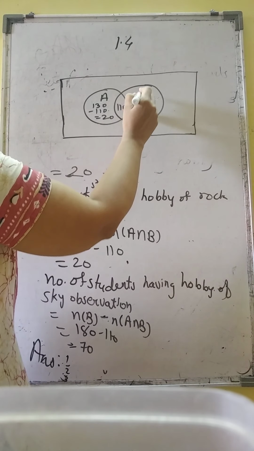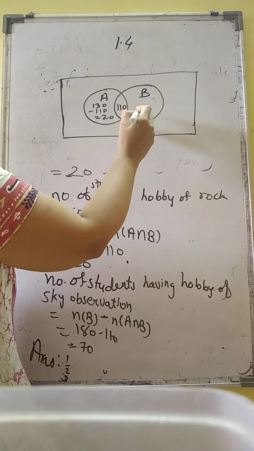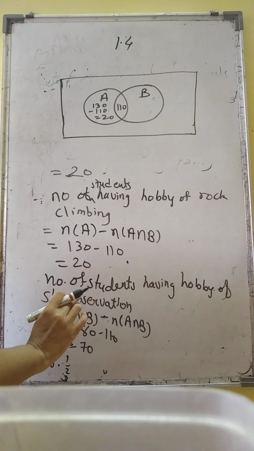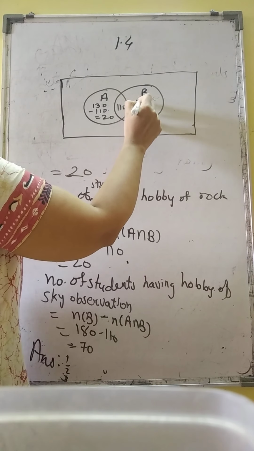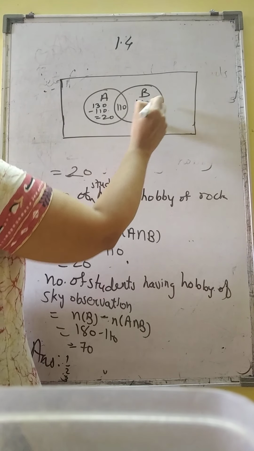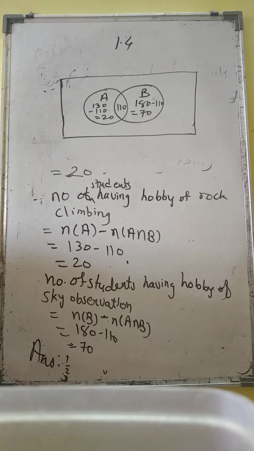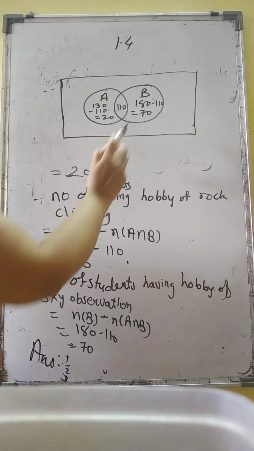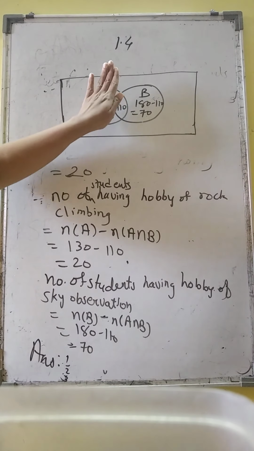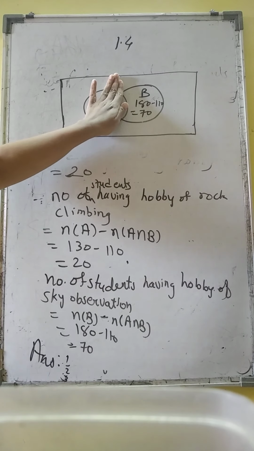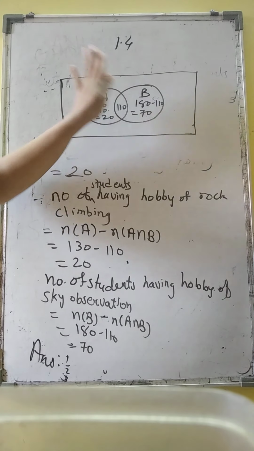Sorry, the vice versa. B has 180, so 180 minus 110 comes out to be 70. So the number of students who have the hobby of sky observation only is 70. Those people only like sky observation. They don't like to do rock climbing.